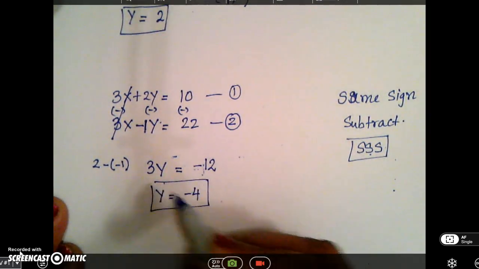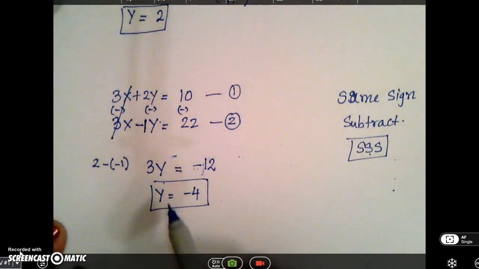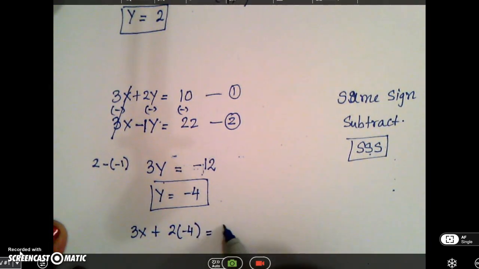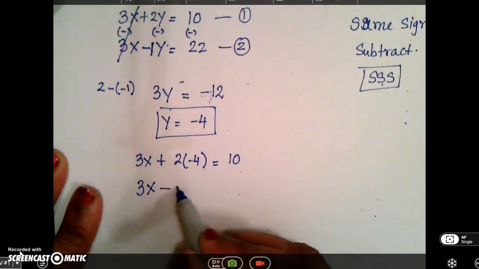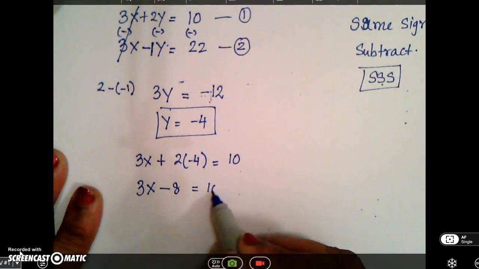So I figured out what y is. I can go back and figure out what x is. So I have 3x plus 2 times y is equal to 10. Or 3x, that will make it negative 8, minus 8 equal to 10.